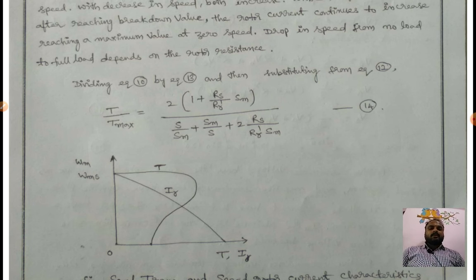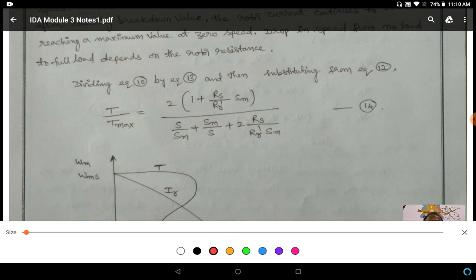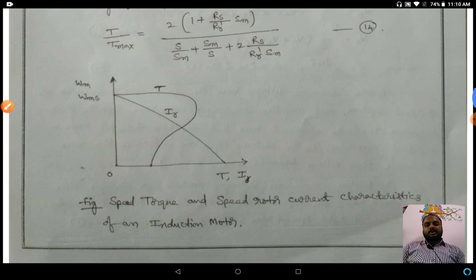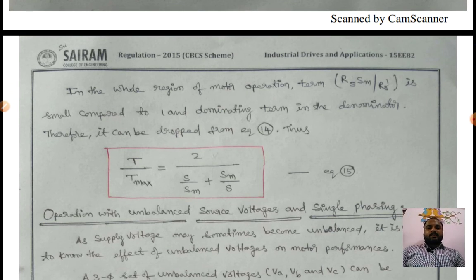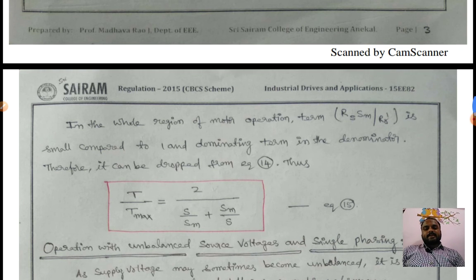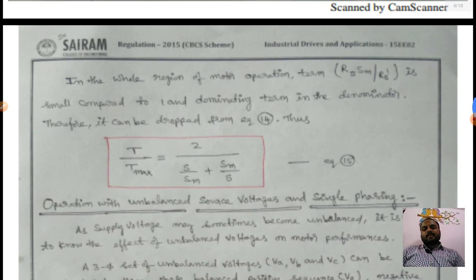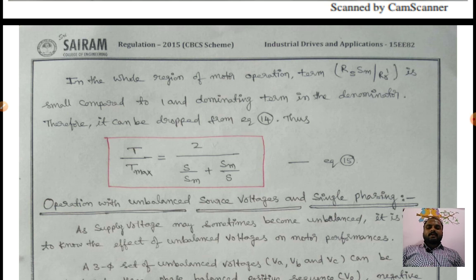We will get 2 into 1 plus R_S by R_R dash S_m divided by S by S_m plus S_m by S plus 2 into R_S by R_R dash S_m. If R_S by R_R dash is negligible, finally you will get T by T_m is equal to 2 by S by S_m plus S_m by S.